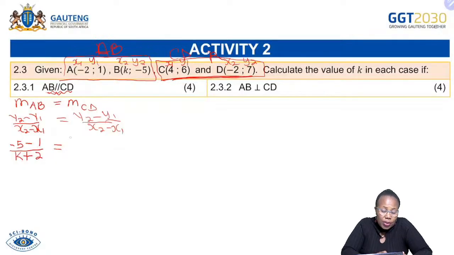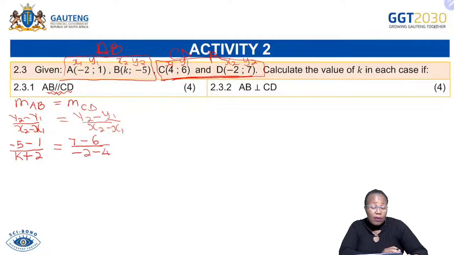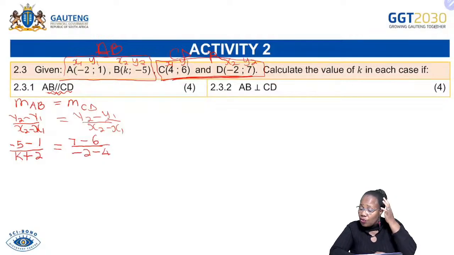The y2 is 7 minus y1 6, x2 is 2 minus x1 4. And now grade 12, we have substituted everything. Can you see you have that k that you need to find using that information? And then we are going to simplify.